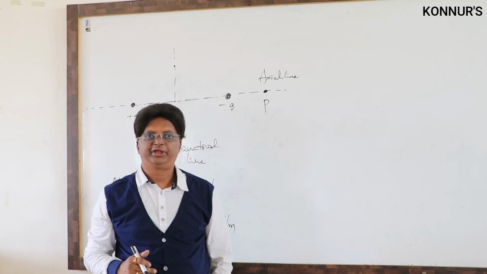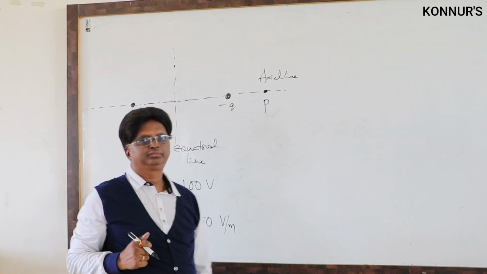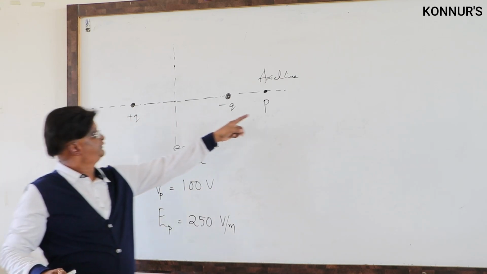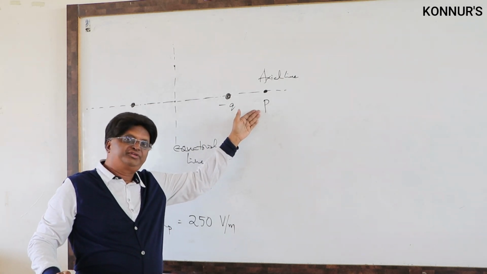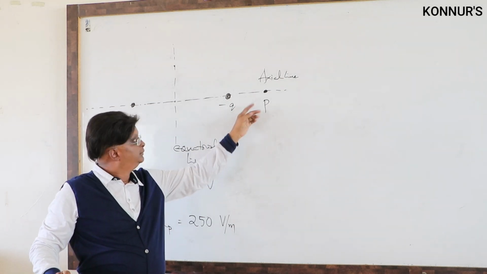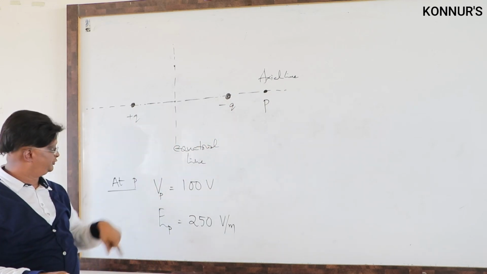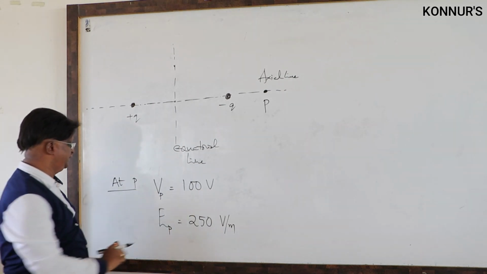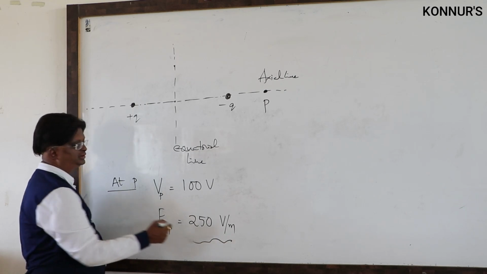Example for the case of a dipole, again using the concepts of field and potential. Now here, this example says that P is an axial point of a dipole. First, I am reading you the data. P is an axial point for a dipole at which the potential is 100 volt and the intensity at the point P is 250 volt per meter.